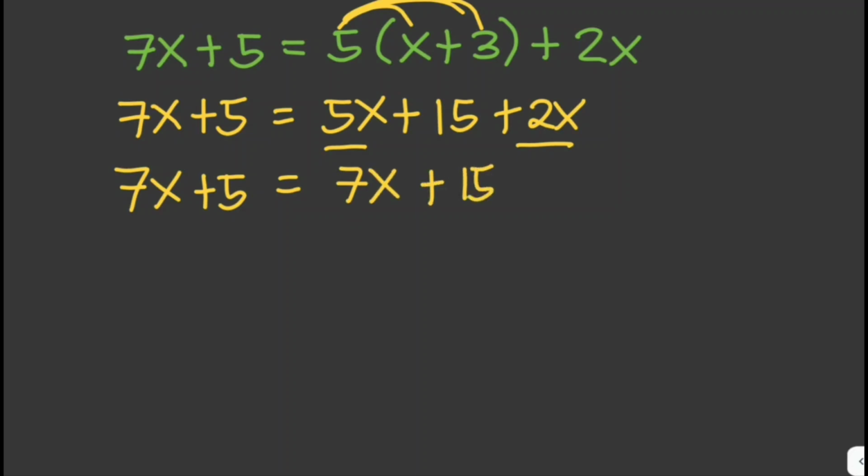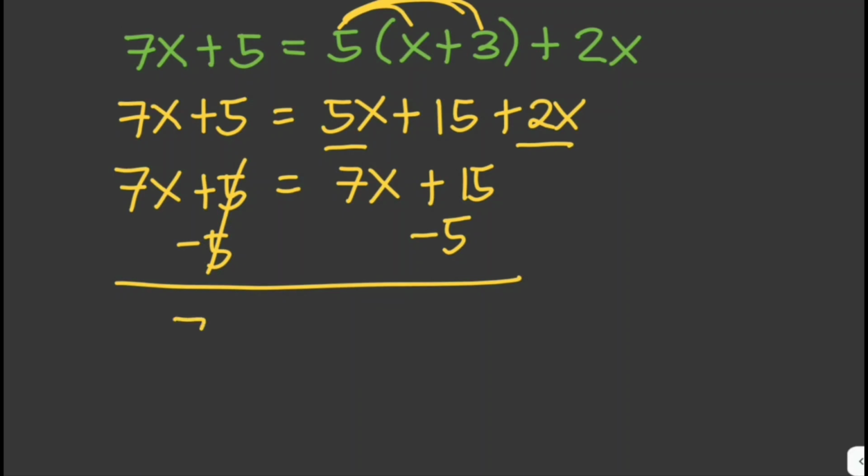So the right side is 7x plus 15. Okay. The expression on the left and the expression on the right are not equal, so this is not an identity. We need to solve for the value of x. So we subtract 5 from both sides. This cancels out, so this is 7x equals 7x. 15 minus 5 is 10.